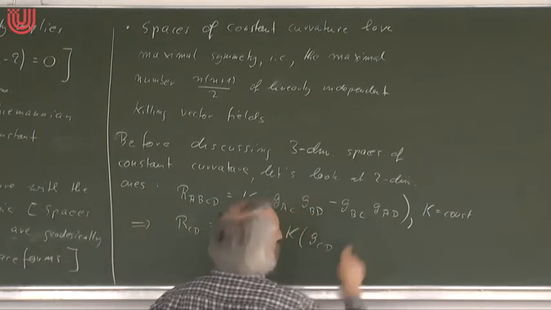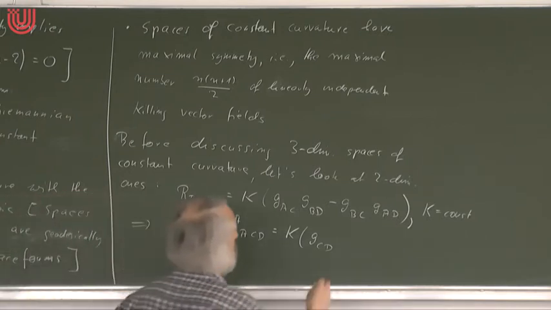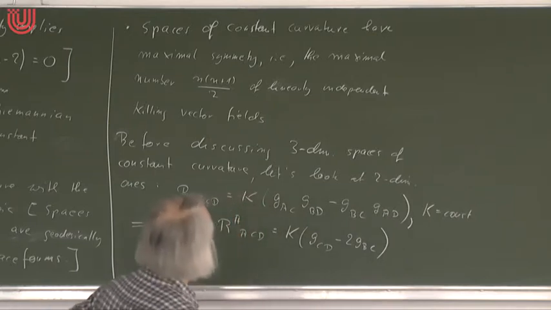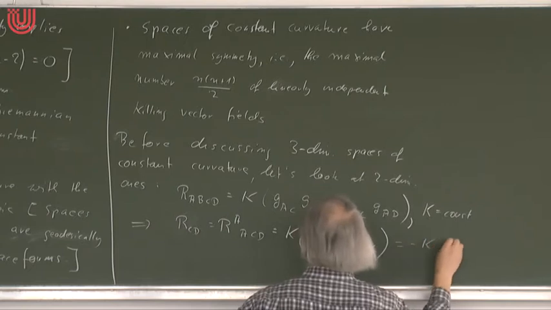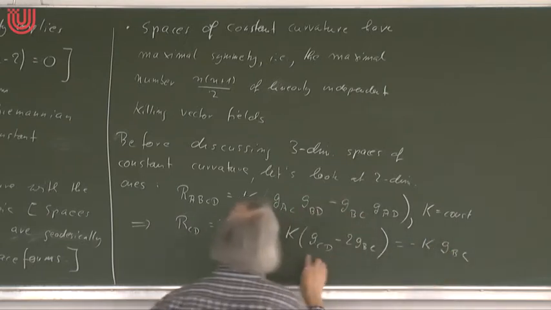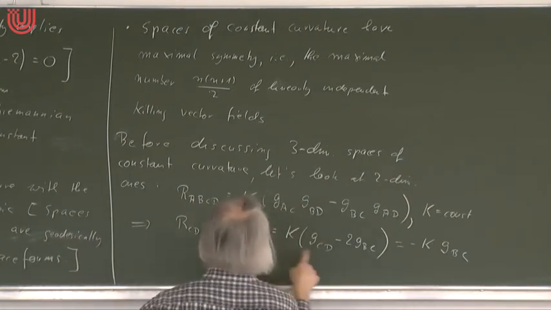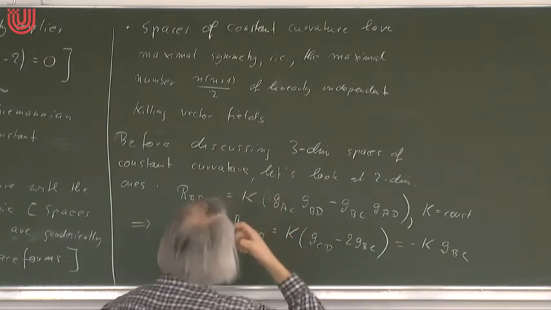This is a trace of the metric tensor in 2 dimensions, so this gives 2, minus... wait a minute, what have I done here? This is nonsense. Sorry.